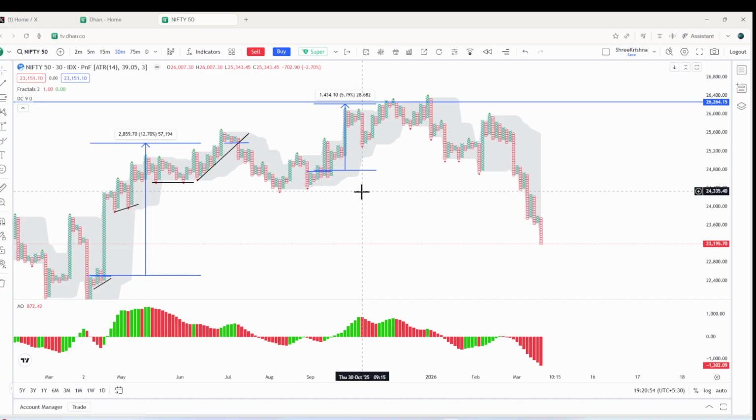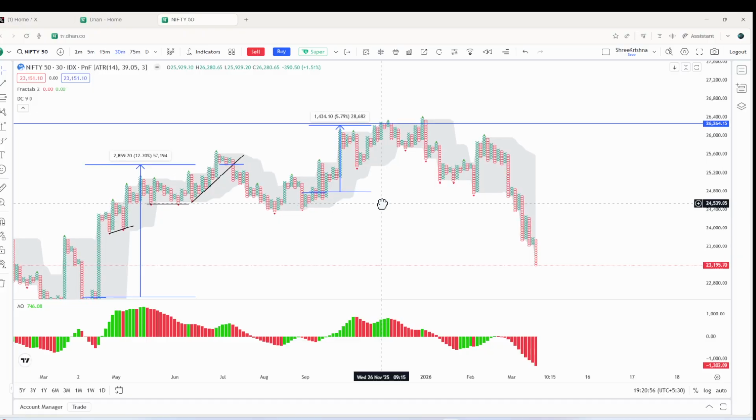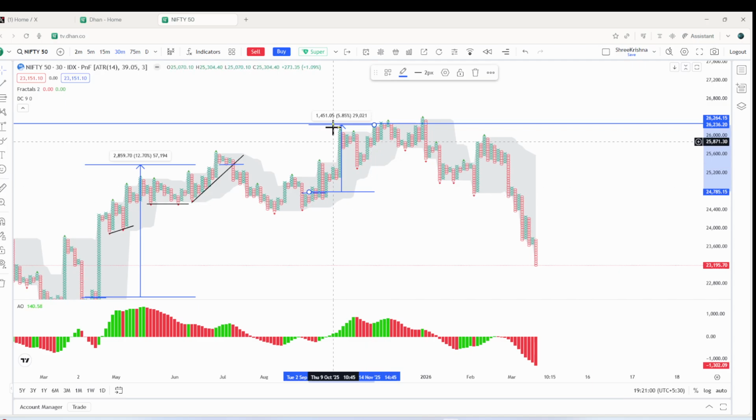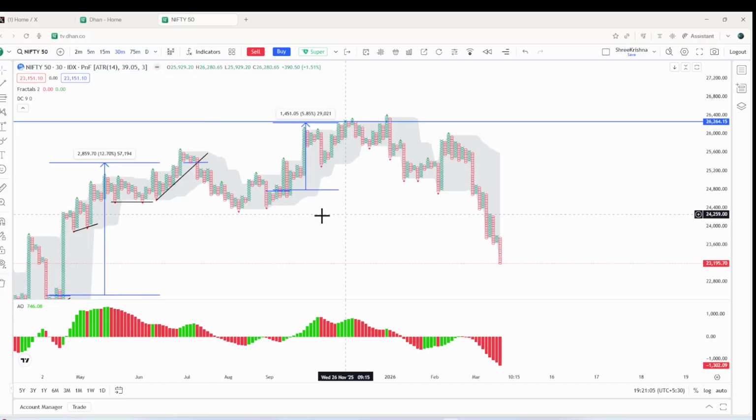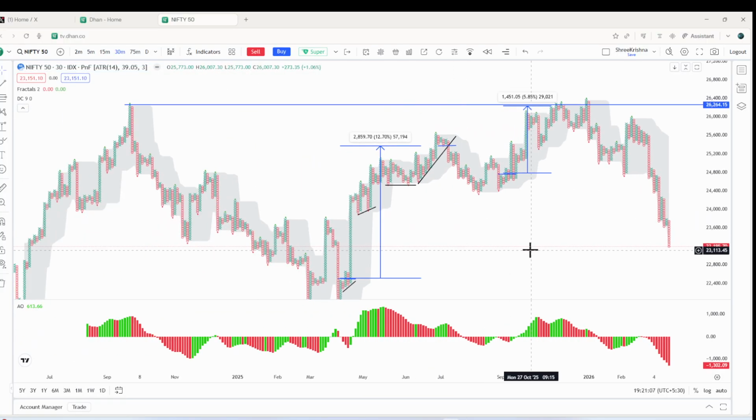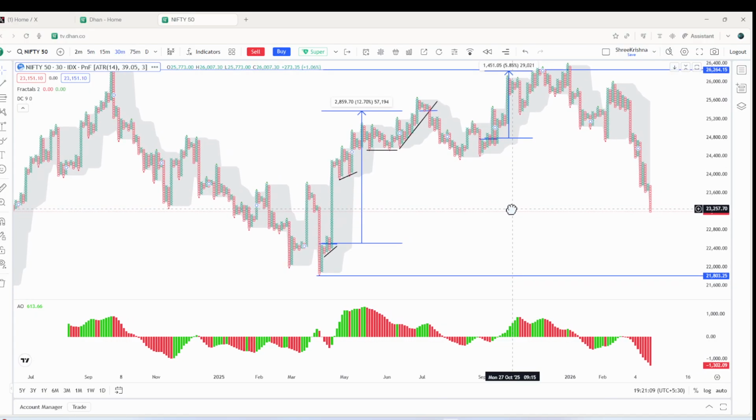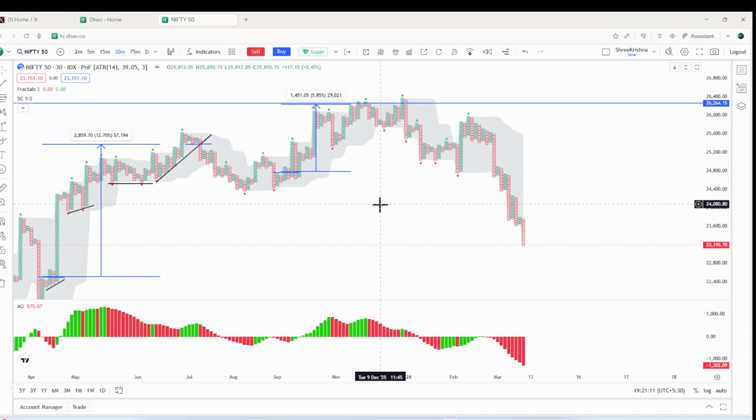You keep making money in the Nifty Bs. As long as the Nifty is going up, you keep making the money. So this is 1451 points. Although it is recent data, what I'm trying to say is that you have an edge.